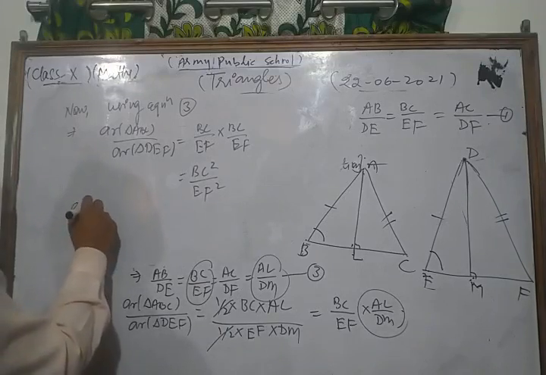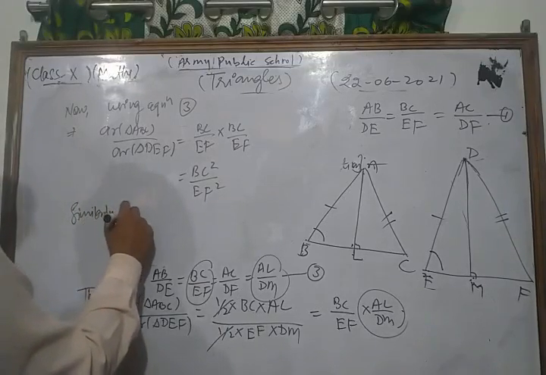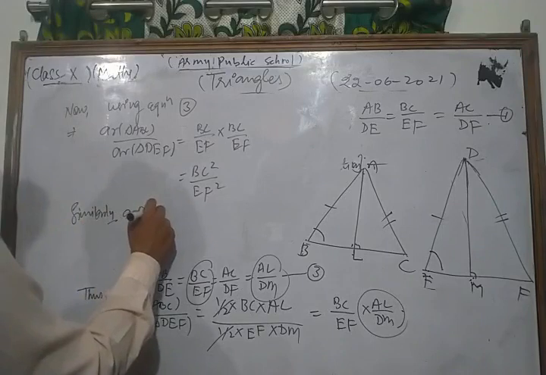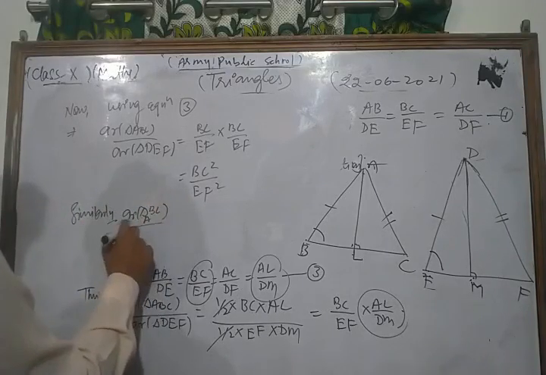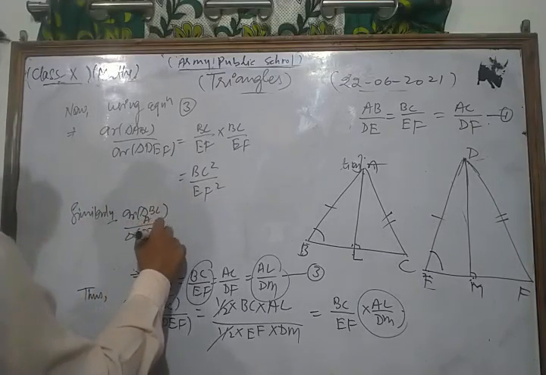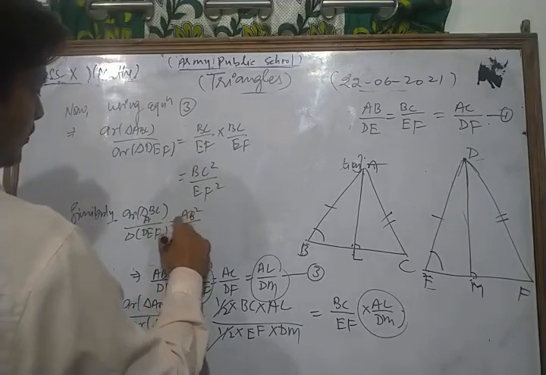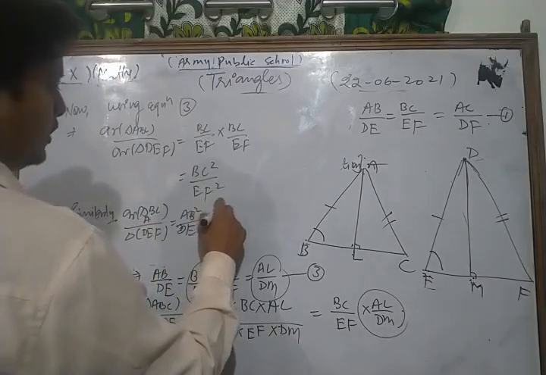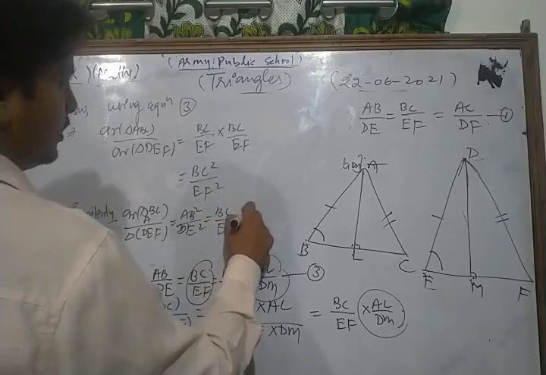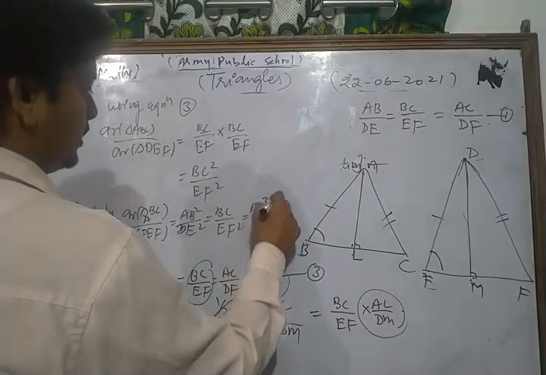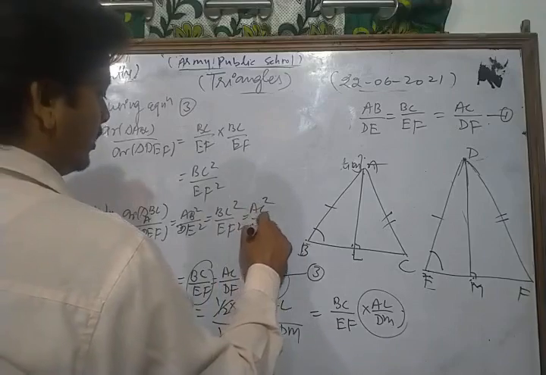Similarly, area of triangle ABC upon area of DEF is equal to AB square upon DE square is equal to BC square upon EF square is equal to AC square upon DF square.